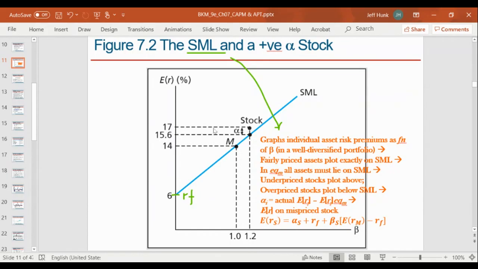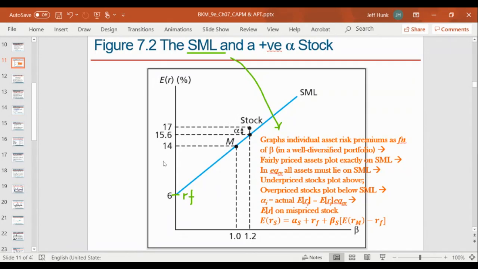But in reality, the return was 7%, right? When beta was 1.2. What does that mean? There was an abnormal return of 1.4%, right? 1.4% abnormal return.